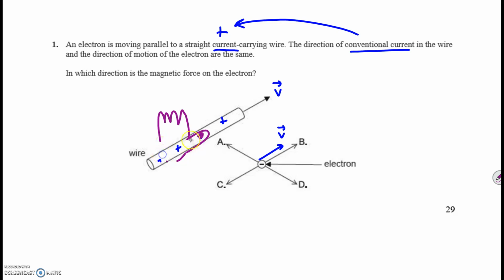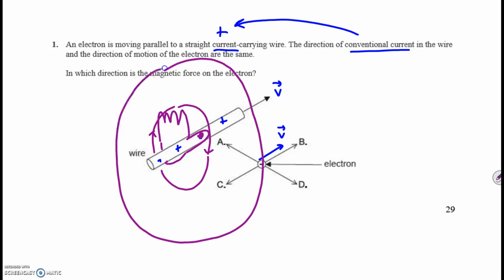If I use my right hand, my thumb is actually behind the wire, and my fingers would curl around like this and then back. So if I draw a bigger loop, here's what the magnetic field looks like. It's curling around like this, down and around.